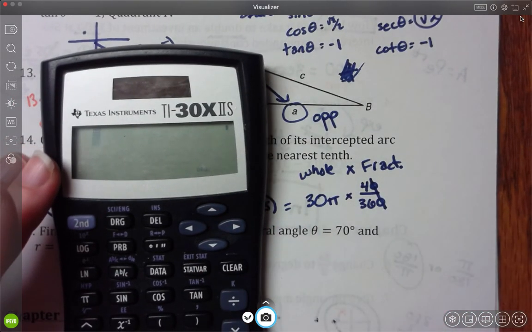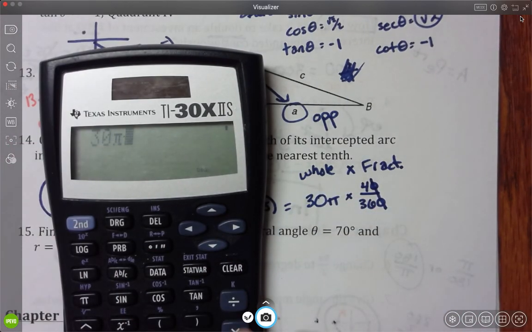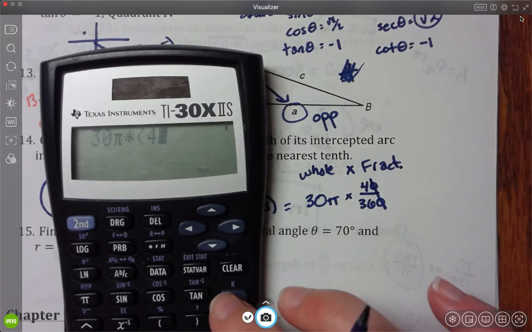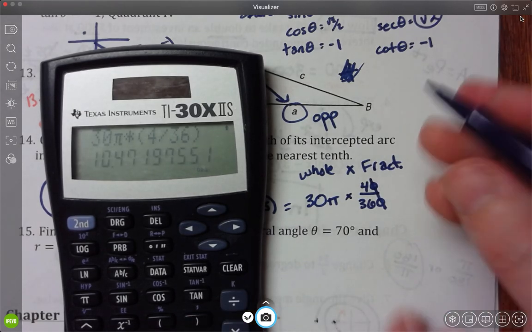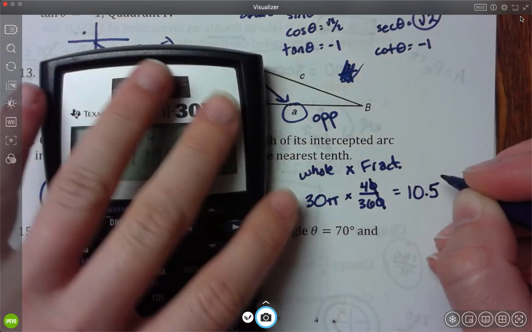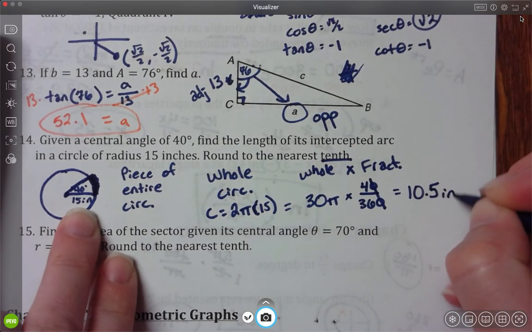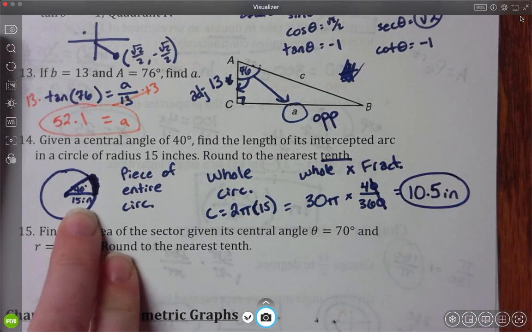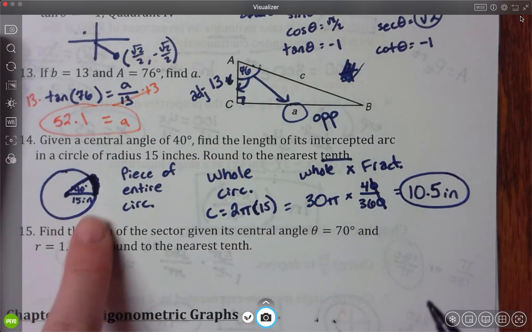I'm going to do 30 pi in my calculator times 4 over 36, or you can do times 1/9. That distance is 10.5. Rounding to the nearest tenth, 1 decimal place, it's 10.5 inches. So of the entire circumference, I'm only looking at that little piece of it, which is 10.5 inches.